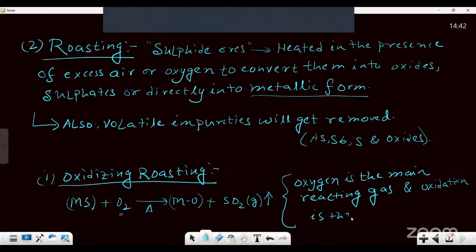Because what has happened? The sulfide has converted to oxide.